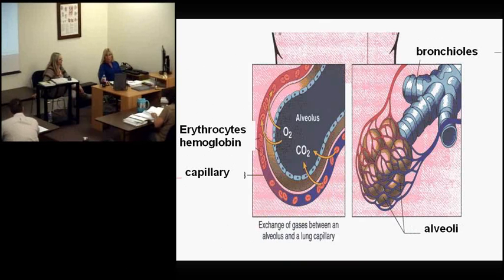We have the pulmonary capillaries. So this is where the exchange of oxygen and waste materials take place. And the hemoglobin, or the erythrocytes, drop off CO2 on the blue side, and then on the other side it picks up O2.